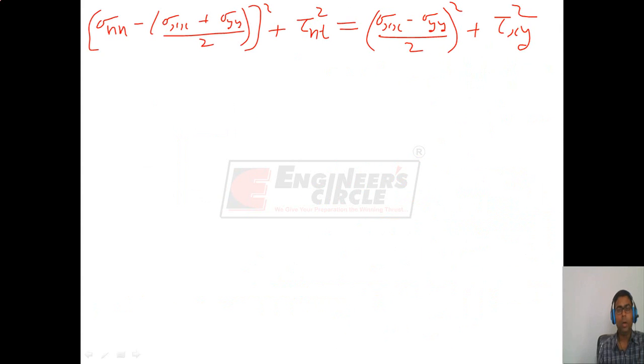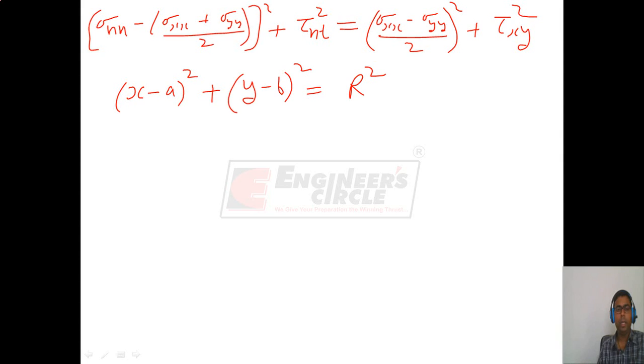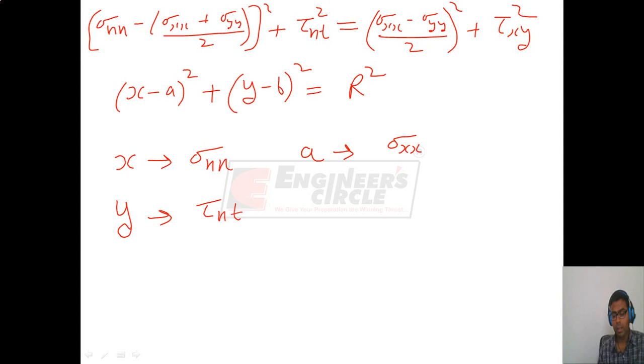Now, if we compare this equation with the equation of a circle, which is x minus a whole square plus y minus b whole square equal to r square, we can see that instead of x we have sigma nn, in place of y we have tau nt, in place of a we have sigma xx plus sigma yy by 2, and in place of b, that is tau nt minus 0 whole square, we have b equal to 0.